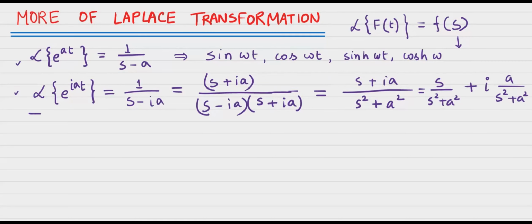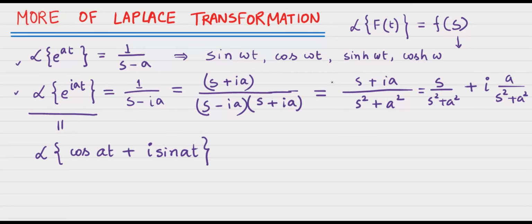Now the left-hand side can be divided into a real part and an imaginary part as well. So the Laplace transformation of e to the power iat is, according to Euler's formula, the Laplace transformation of cosine of at plus i sine of at.